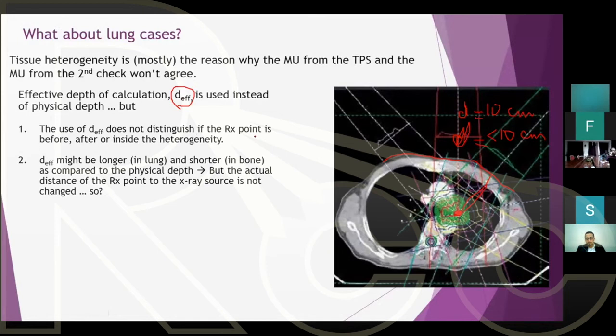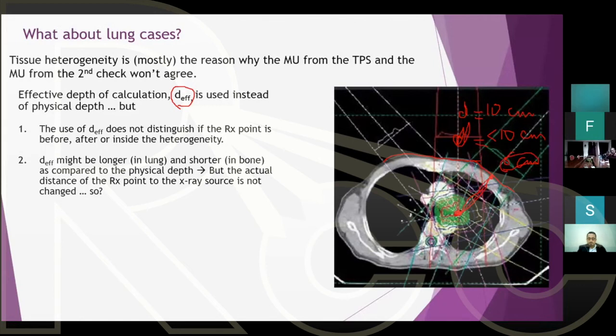But it will not solve all your problems because there's so many things that are wrong with this. Let's say the effective depth was 6 cm, for example. From the point of entry of the beam until the point of calculation, I have an equivalent of, or effective, 6 cm of water.